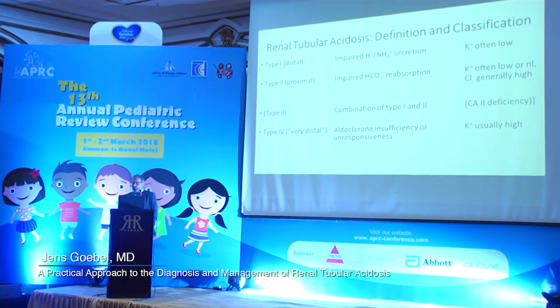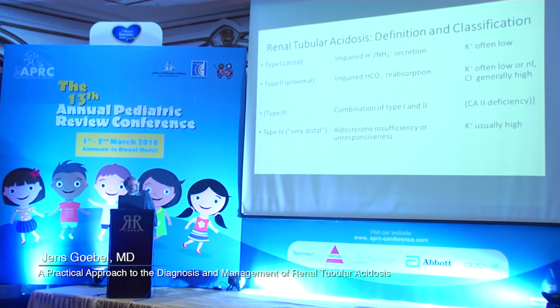Anyway, for those folks who believe there's type 3 RTA, in a nutshell, it's basically a combination of type 1 and 2, and it's based on dysfunction or deficiency of carbonic anhydrase type 2. Carbonic anhydrase type 2 happens to be involved in both acid secretion in the distal tubules and bicarbonate reabsorption in the proximal tubules.